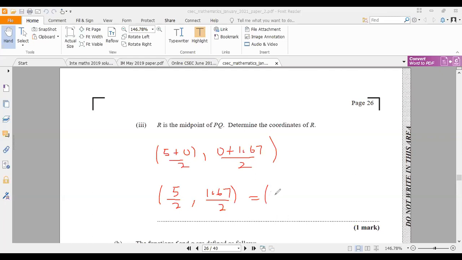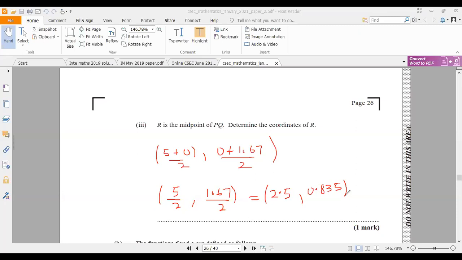You can leave it the same, or you can say 2.5. For the other one, I get 0.835. You can leave it or just work it out. That's up to you, because it will not go against you. Any questions so far?